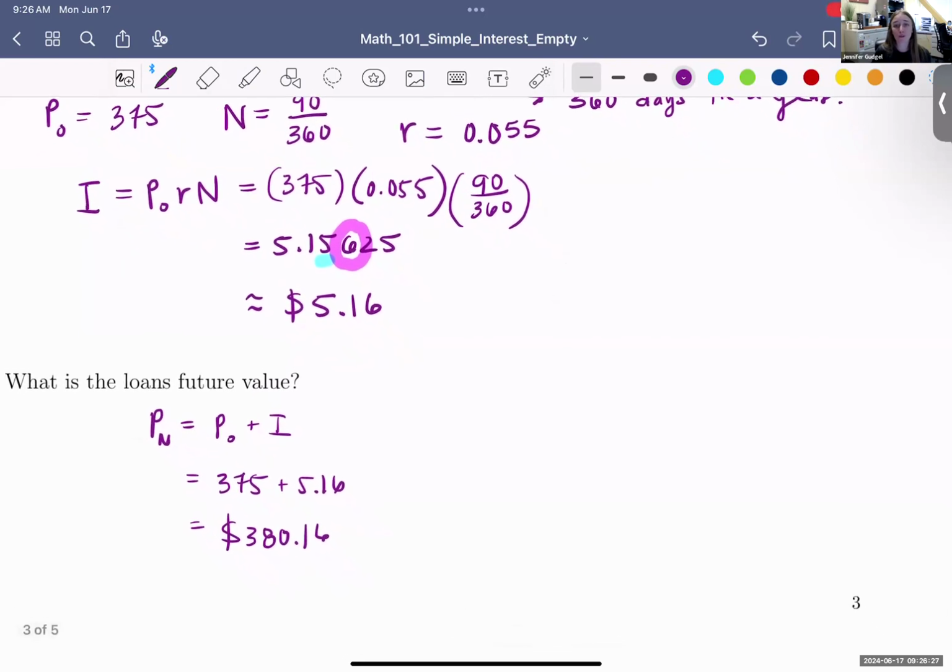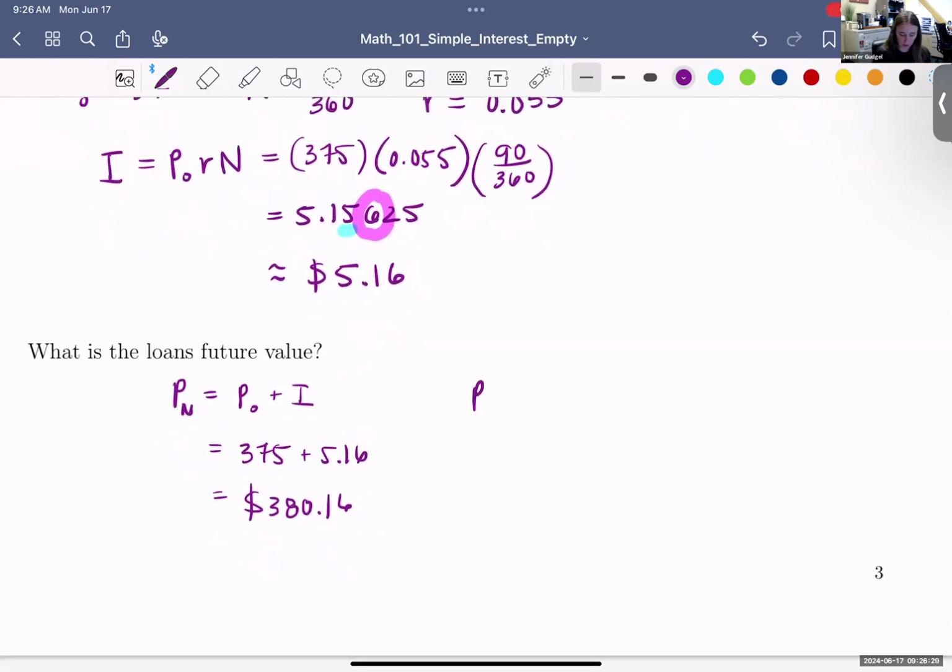We also could have found this by starting from scratch with the other formula, 1 plus RN. If we hadn't already calculated the interest in part A, we could use this formula instead, and it's going to get the exact same thing. We would put in the 375 and multiply by 1 plus R times N.